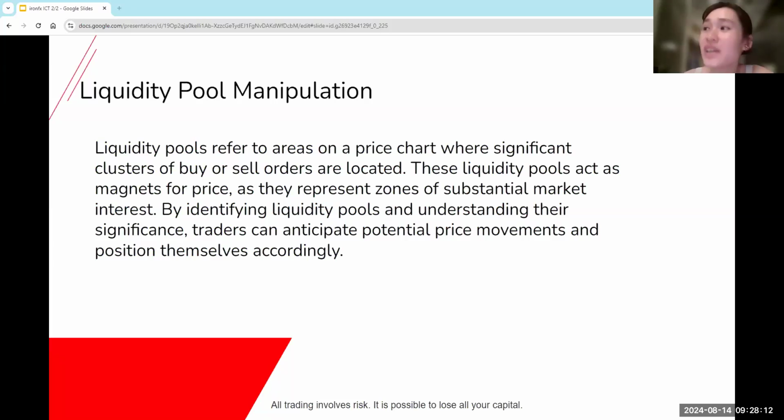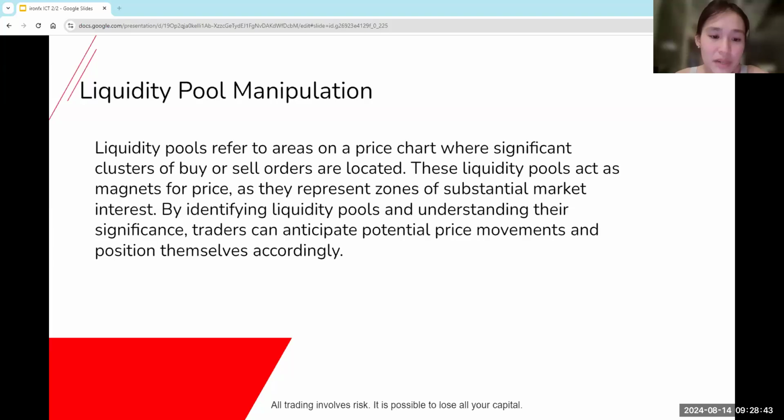These liquidity pools act as magnets for your price, and they represent zones of substantial market interest. By identifying liquidity pools and understanding their significance, traders can anticipate potential price movements and position themselves accordingly. We already talked about liquidity in the first few slides, but this is just a recap under the smart money concept.